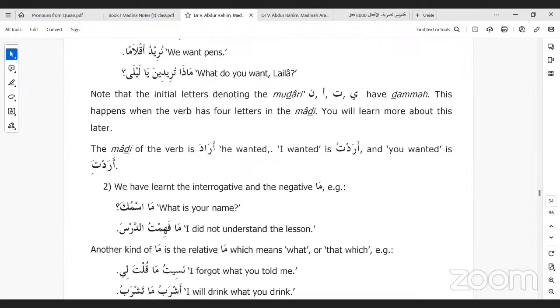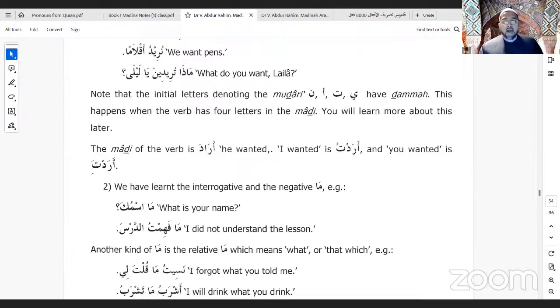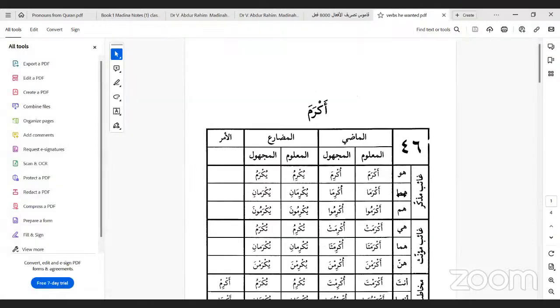Anta turidu. Antuma turidani. Antum turiduna. Anti turidina. Antuma turidani. Antunna turidna. Antum turiduna.